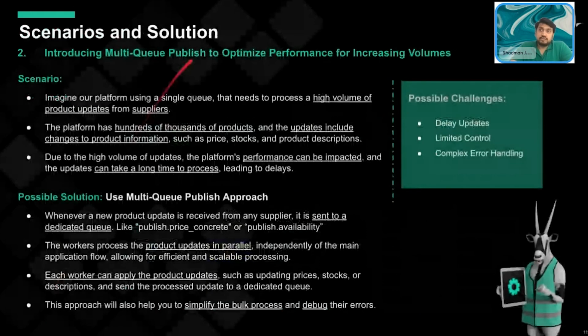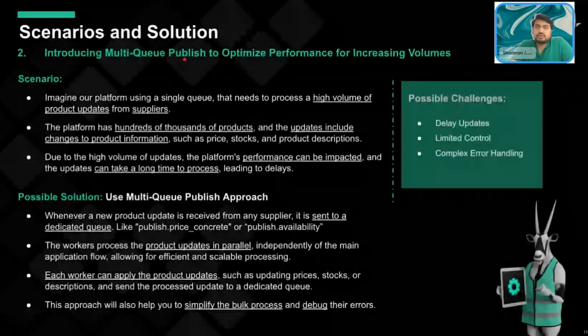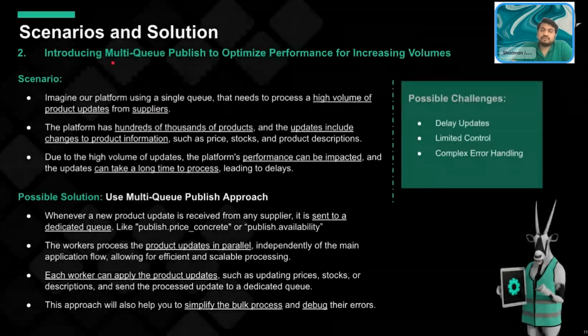The second scenario is introducing multi-queue publish to optimize performance for increasing volumes. Our scenario is that we are using a single queue for prices, for products, for categories. And we will have a high volume of product updates from a supplier.